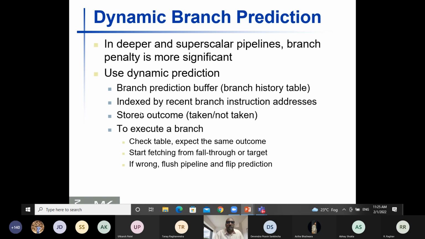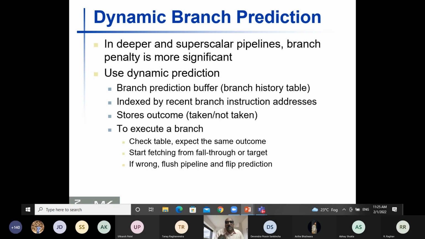The other one is dynamic branch prediction. It means you may be able to predict the branch at stage 1 itself, at the time of instruction fetching, if you provide some additional hardware. You can know it is a branch instruction just by knowing a few bits of the opcode, right?